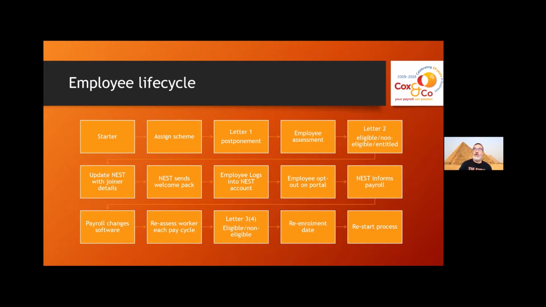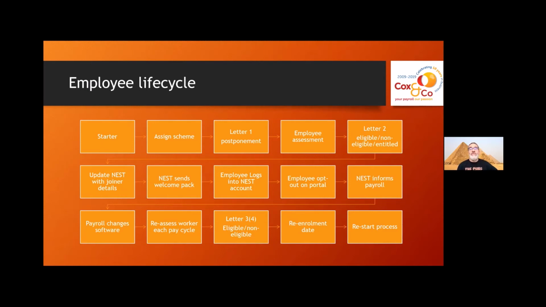So they may have received a postponement letter and decided they want to become a member immediately. So opt-in is another categorization that Nest have, and Nest have a catch-all other categorization. So if they were joining as a contractual member, then they would be captured with that. But it's also important that that categorization reflects the way your business is working.